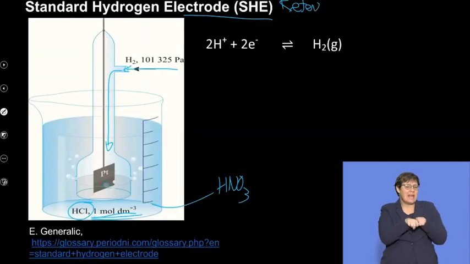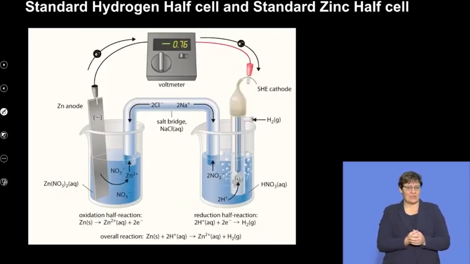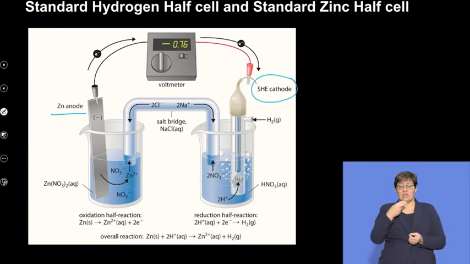We're going to test all the other cells against this one and compare the reading on the voltmeter. And so let's do that. We'll use our examples that we've been doing earlier. Here's the example of comparing the zinc anode with the standard hydrogen electrode being the cathode.